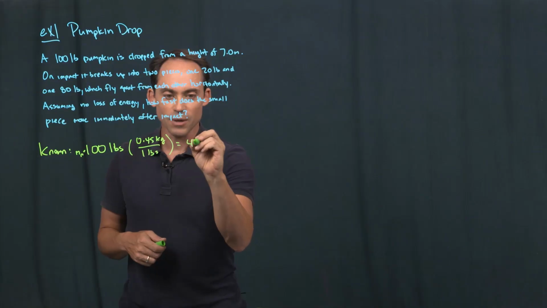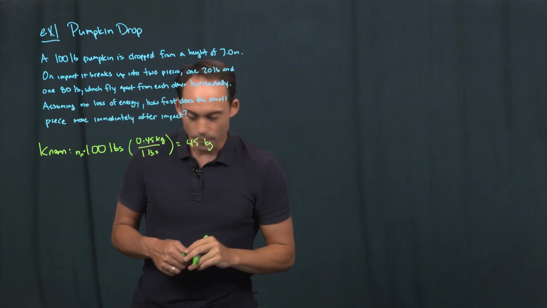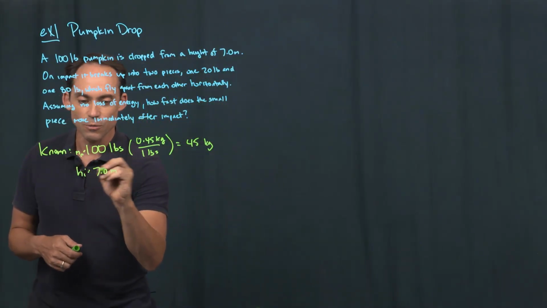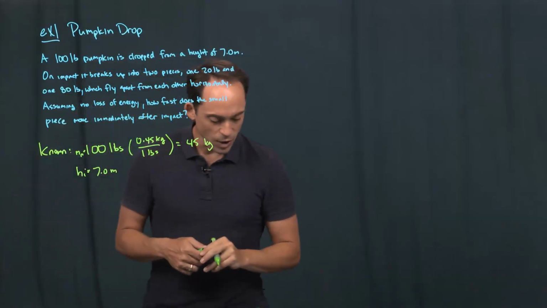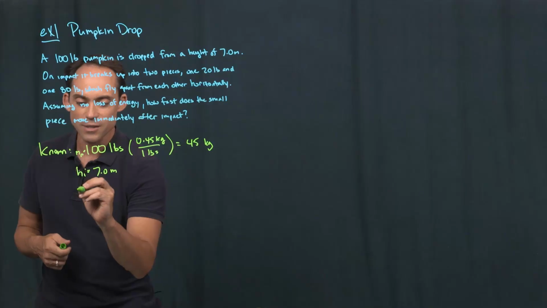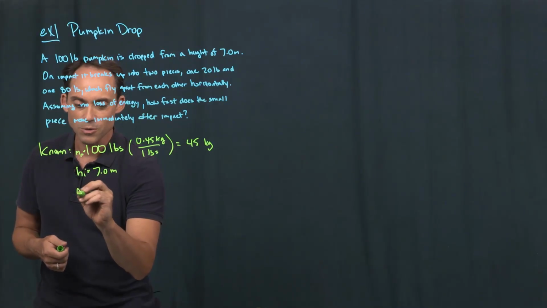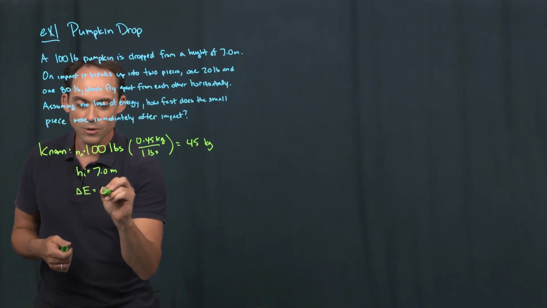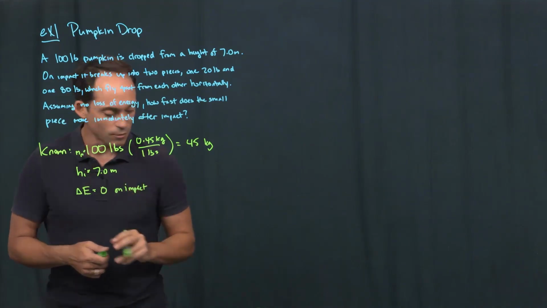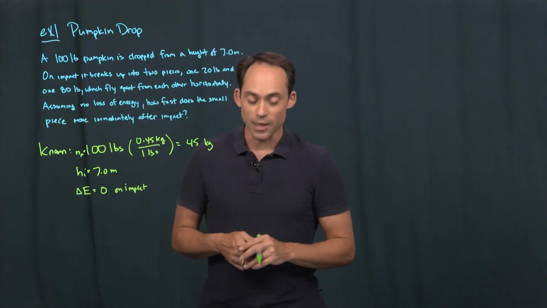That works out to be 45 kilograms for our large pumpkin. We're given an initial height of 7.0 meters from which the pumpkin is dropped. And we're told that this is an energy conservation problem, because the change in energy is equal to 0 on impact. That's an assumption we're going to make use of in order to calculate some of the speeds.